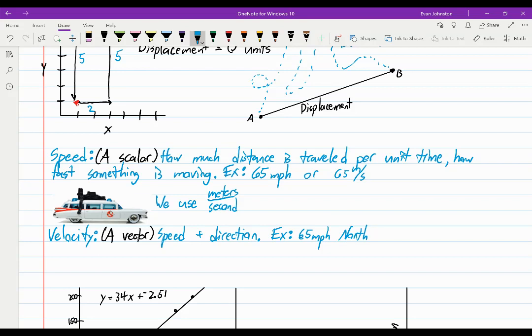And typically I won't use a different symbol between speed and velocity, honestly. We'll just use the symbol v. And to help you out for the future, we'll say right here that velocity is really, and I'm just going to take this part right here, how much distance is traveled per unit time. We're going to put it in math terms, like a little equation that you could use.